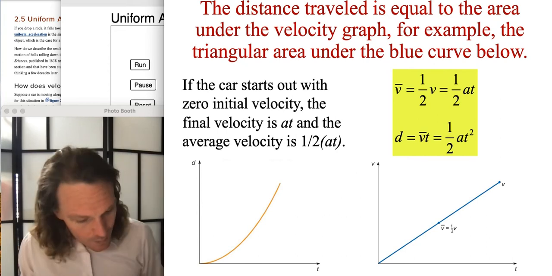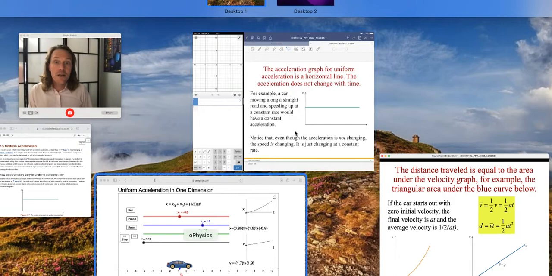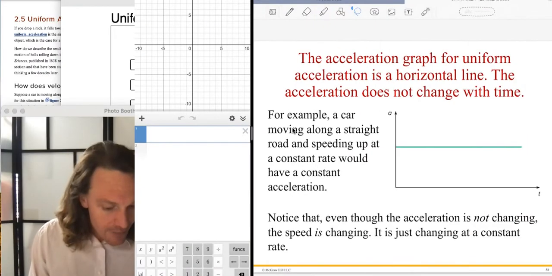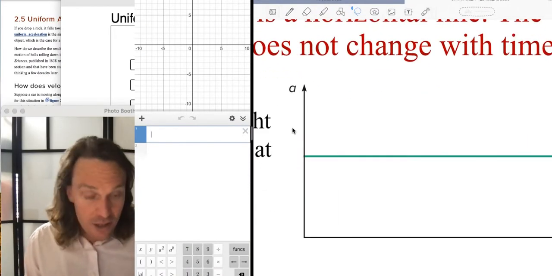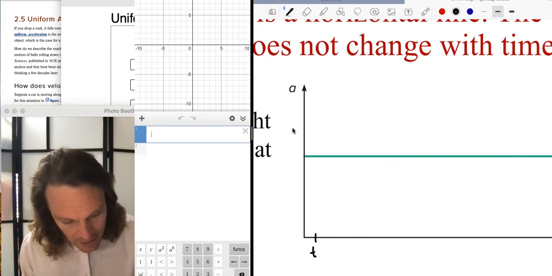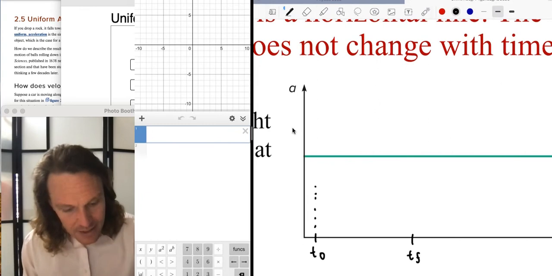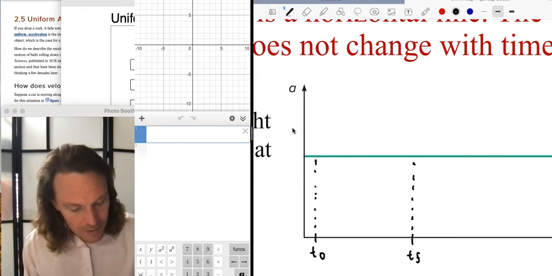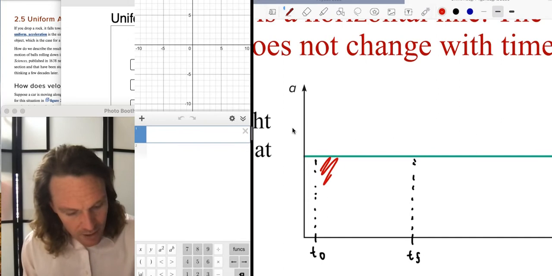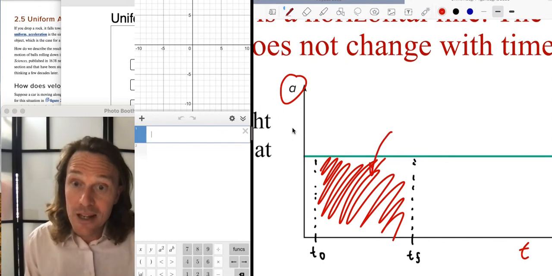So let's go over to the one that had constant acceleration. I'm going to switch back over to here, right? If we look at this graph right here, constant acceleration, all I'm saying is that we have some elapsed time, from t initial to t final, and within that time frame, from the time the clock starts to the time the clock hits stop, the area underneath the acceleration versus time graph is the change in velocity.